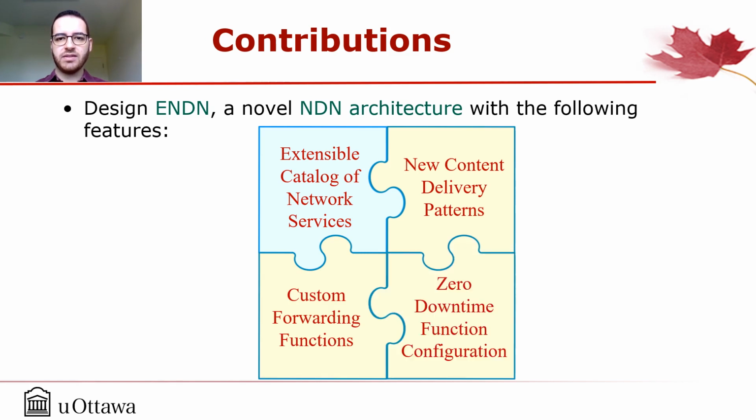Finally, provide the means to configure these functions in the switches without incurring any downtime. The first feature is implemented at the level of the control plane, while the three others are offered by the data plane.